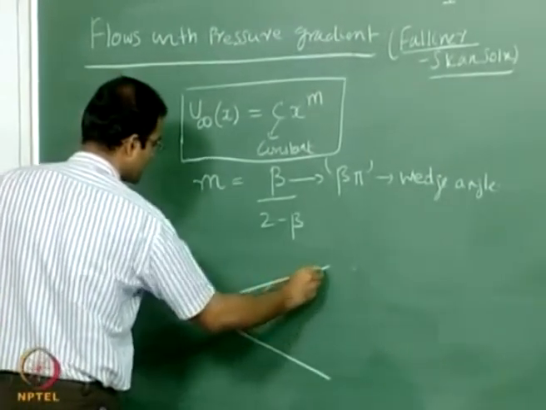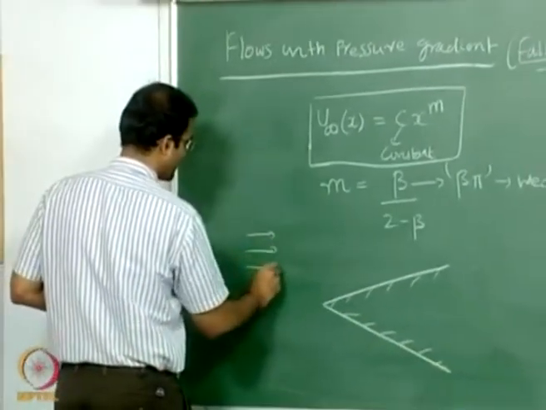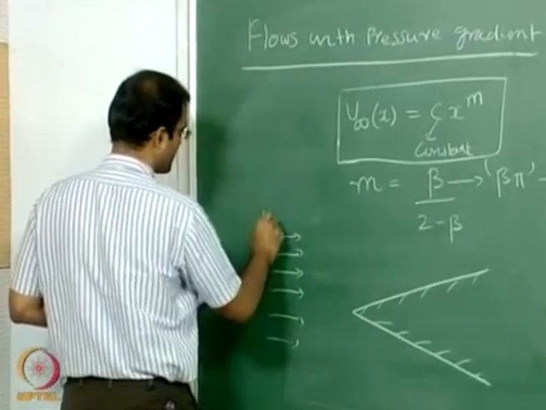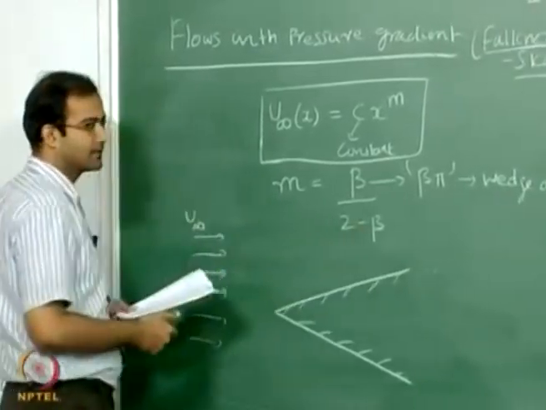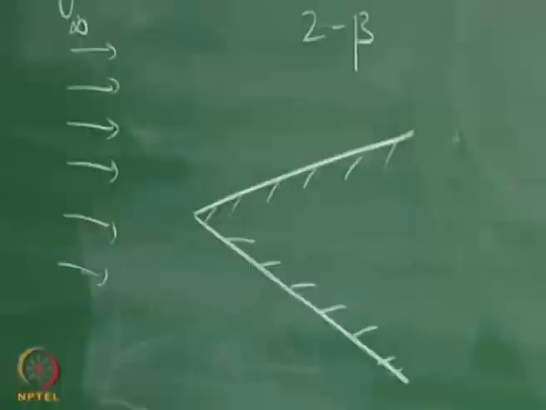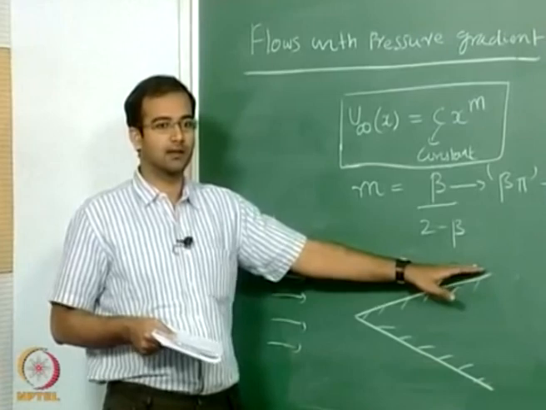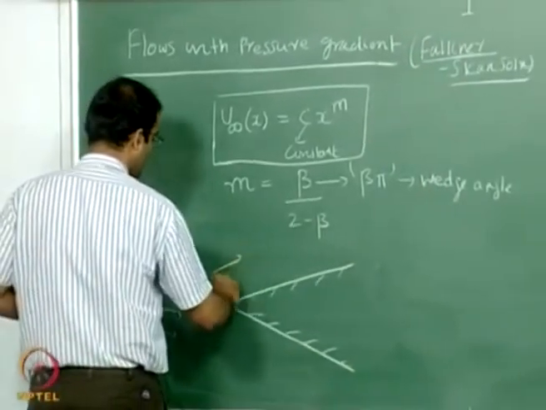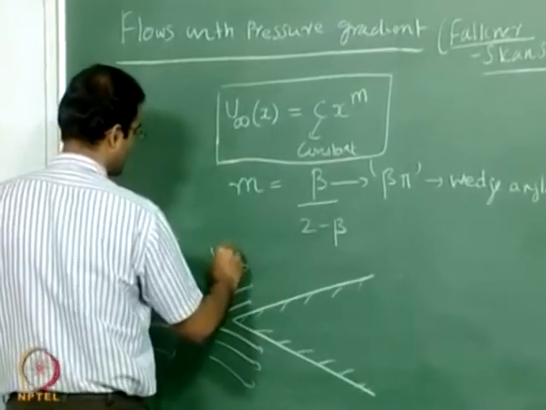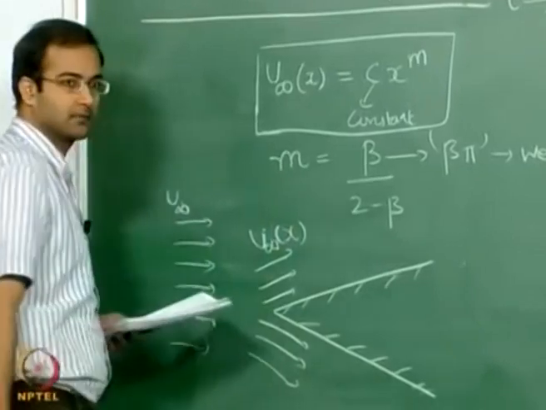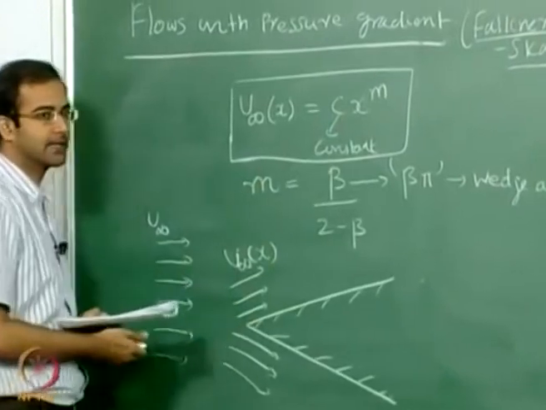So you stick this wedge into the free stream, and initially your approaching free stream will be constant, and once it encounters this wedge there is of course a pressure gradient. So the flow will try to accelerate here. Therefore the local free stream velocity will be a function of x, and this profile is described by this relation c x power m.